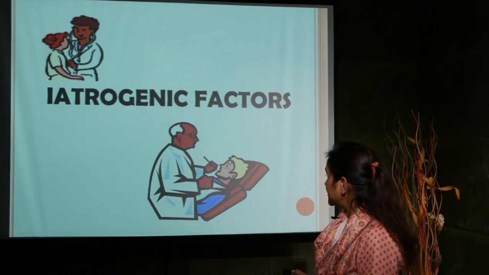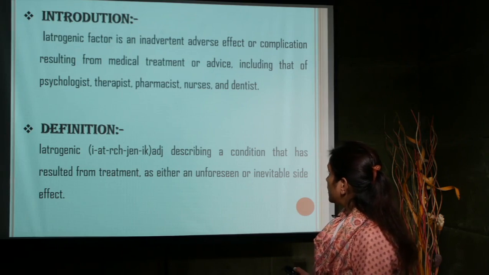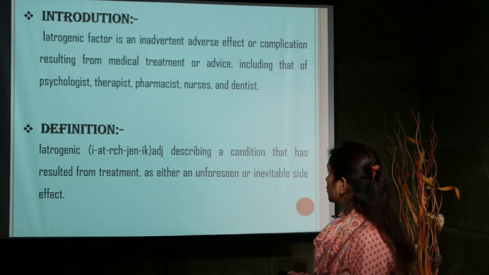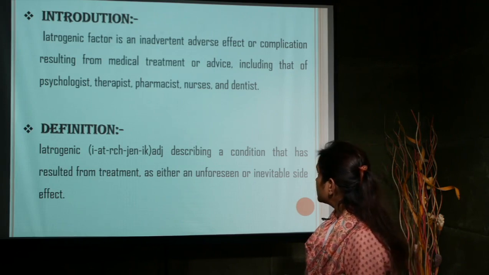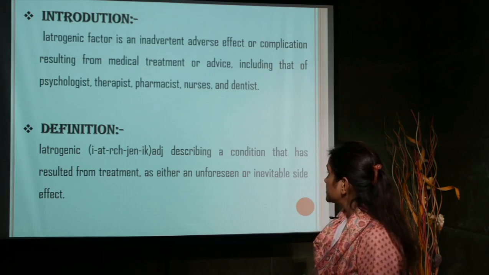Now, the other iatrogenic factors. An iatrogenic factor is an inadvertent adverse effect or complication resulting from medical treatment or advice, including that of psychologists, therapists, pharmacists, nurses, and dentists.